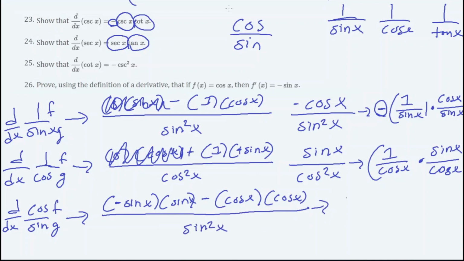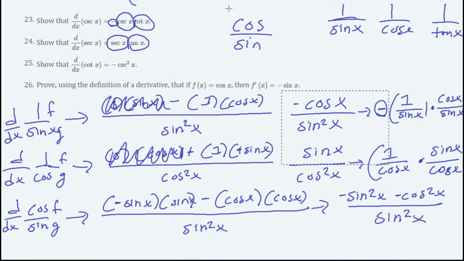And if we simplify the numerator, we're going to have negative sine squared x minus cosine squared x, over sine squared x.